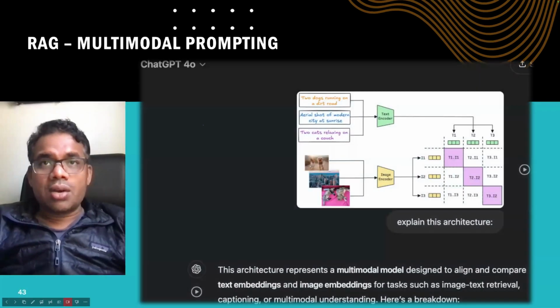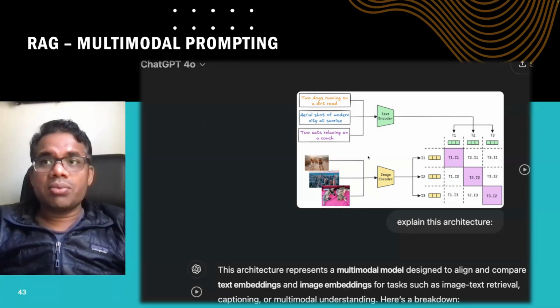The second one is the multimodal prompting. So now you have CLIP. How are you prompting? You are using ChatGPT, for example, and you are attaching the image we saw on the previous slide, and asking it to explain what exactly this architecture is.